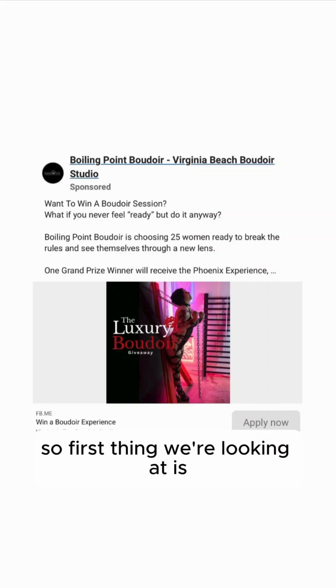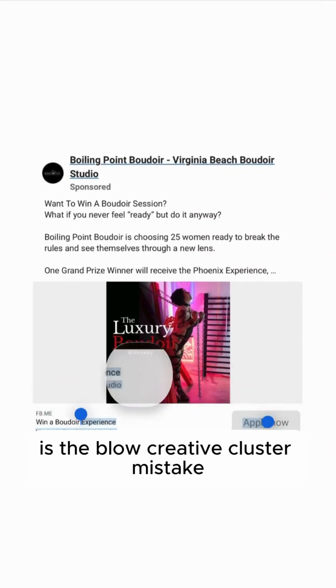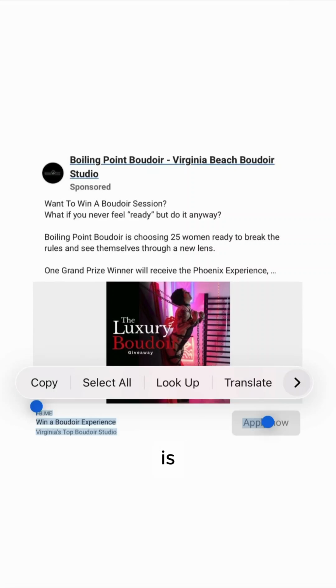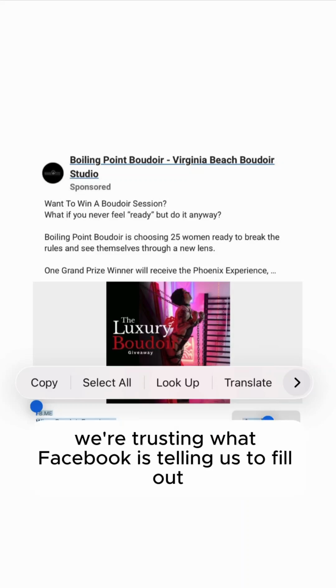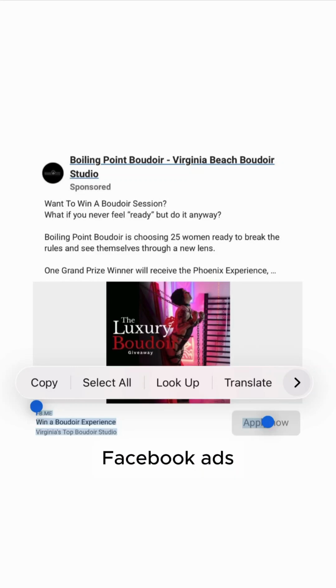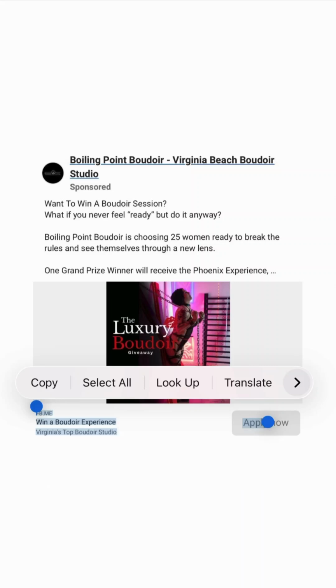So first thing I'm seeing is the below creative cluster mistake. The false belief that caused us to make this mistake is that we're trusting what Facebook is telling us to fill out is actually what we should fill out for our boudoir Facebook ads.